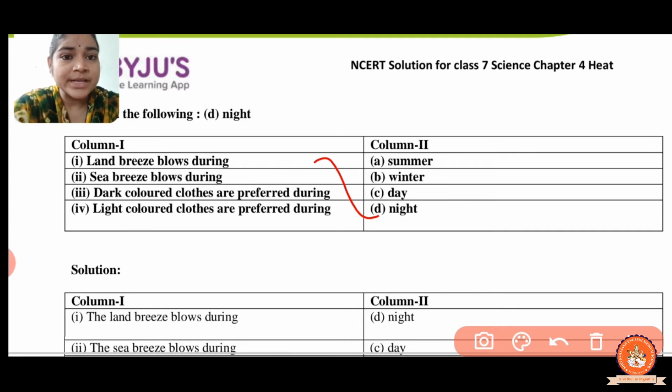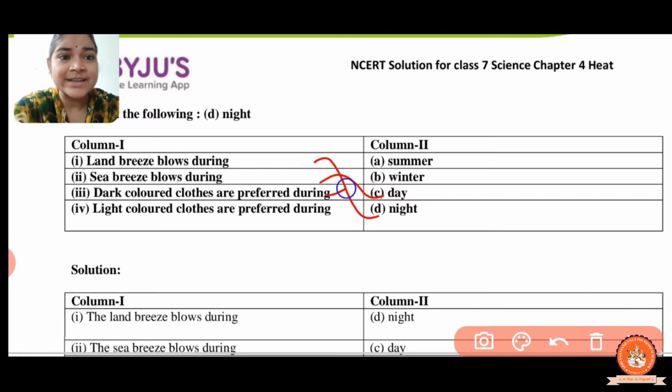Now the sea breeze blows during which time? That blows during daytime.